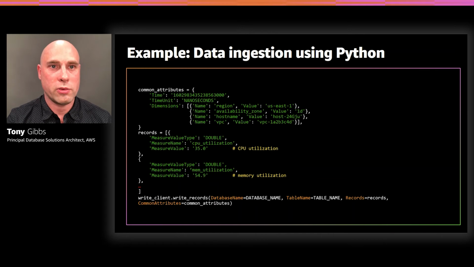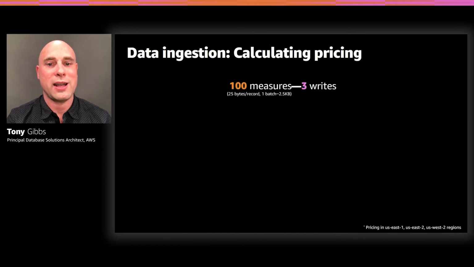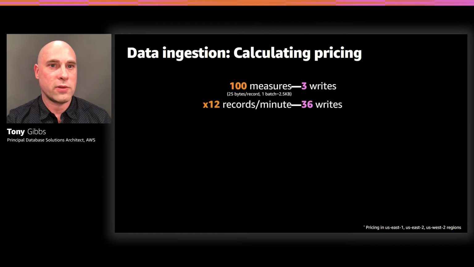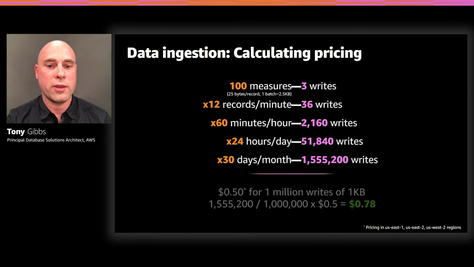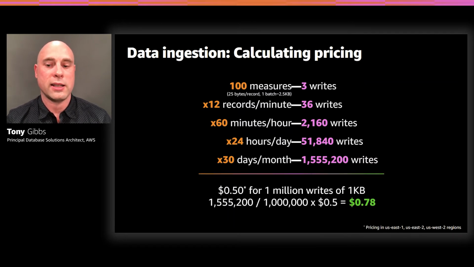So if we were now to redo the pricing, we have these 100 measures. This is going to fit into 3 writes, maybe about 2.5, 2.6 kilobytes of data total. This would be 36 writes for the minute, and expanding this out, about 1.5 million writes for the month, and that corresponds to 78 cents.